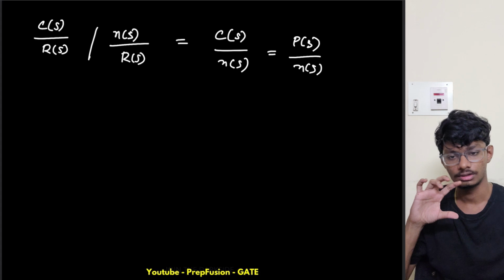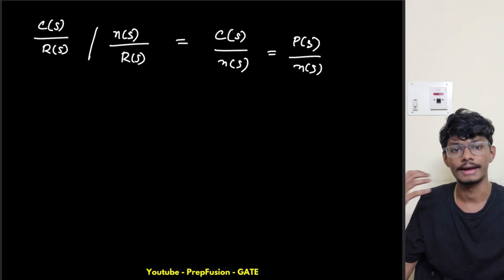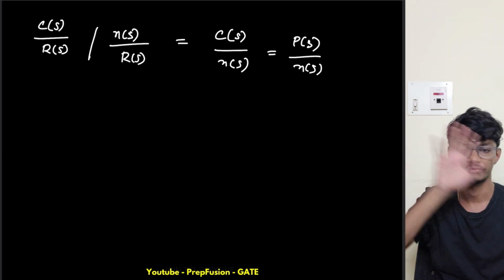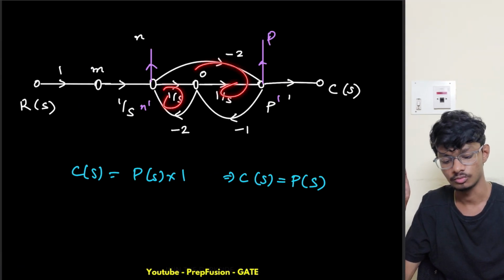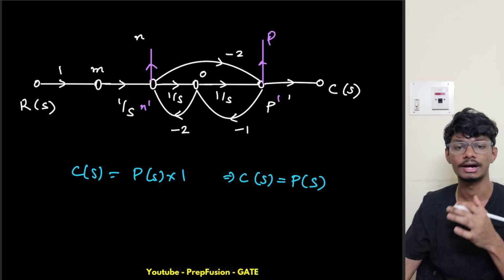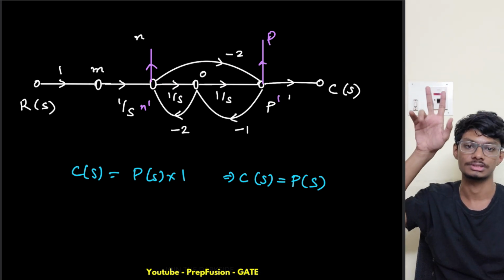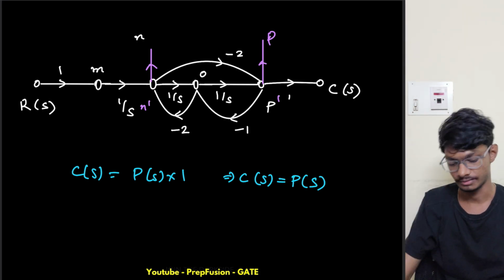One more important thing to note is that in an SFG, the determinant will be the same wherever we take the output from. Why? Because we just calculate the loop gains. So the delta will be the same regardless of where we are taking the output from. The individual associated loop gain may change, but the delta will remain the same.